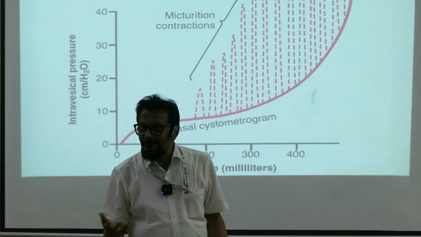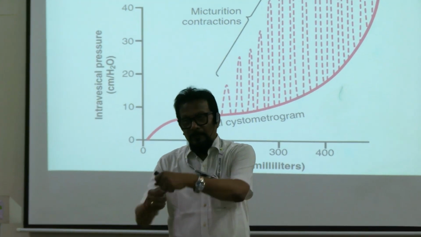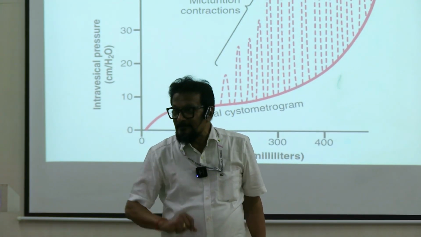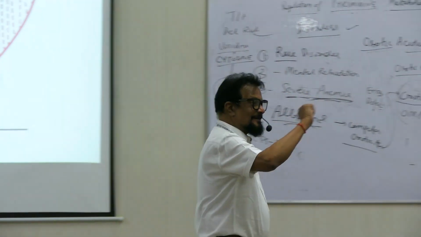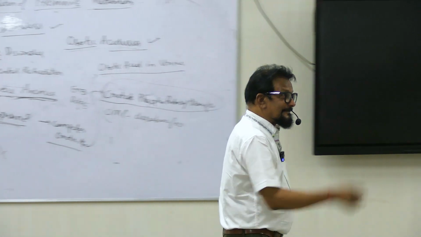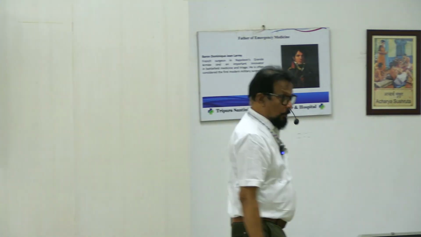What happened? Volume is increasing, pressure should rise, but pressure is not rising. This is the controlling mechanism. This is very nice, and it follows Laplace's law. What is Laplace's law?